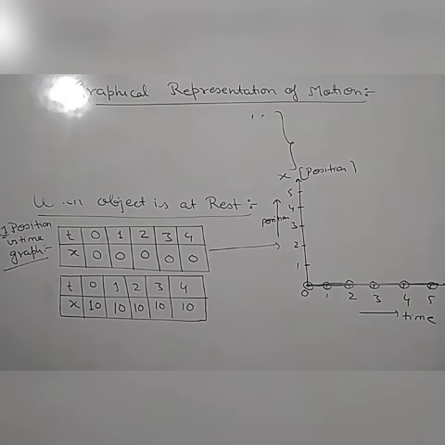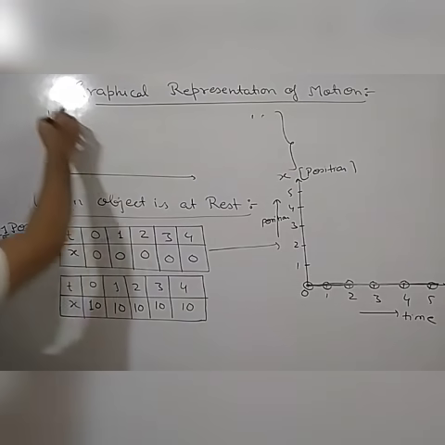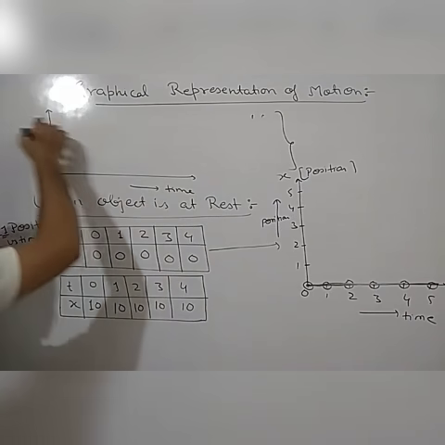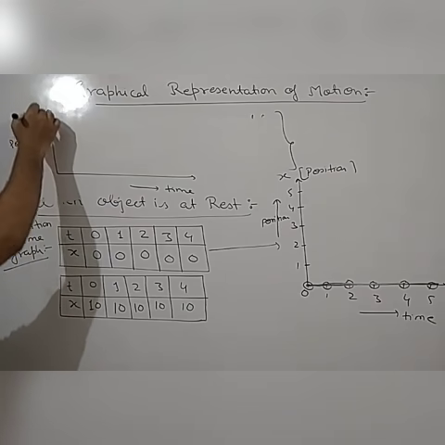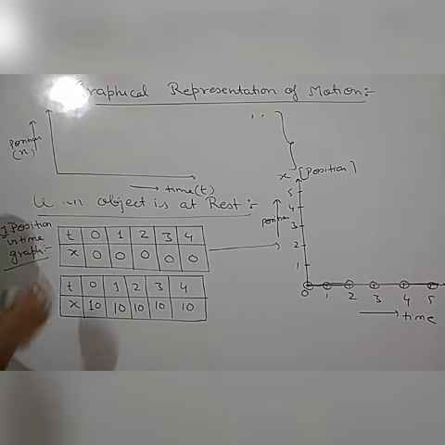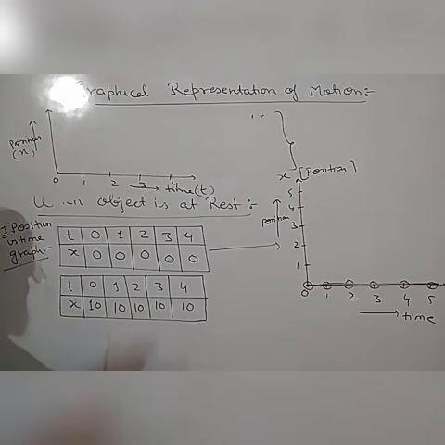It will look like this. This is our time and this is position, position x and time t. Now 0, 1, 2, 3 and 4.